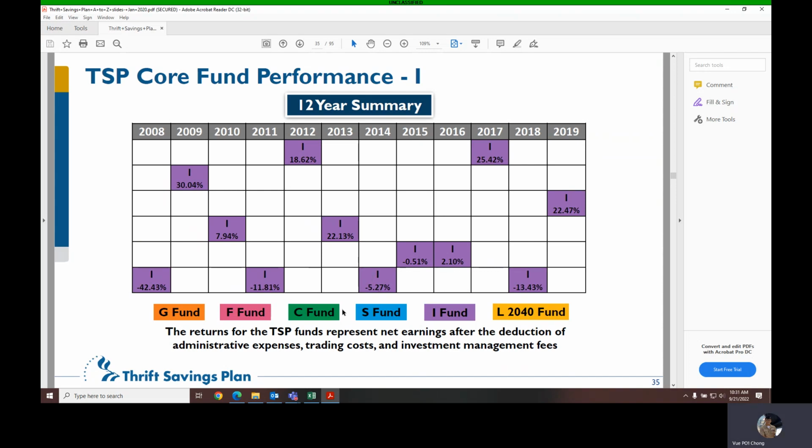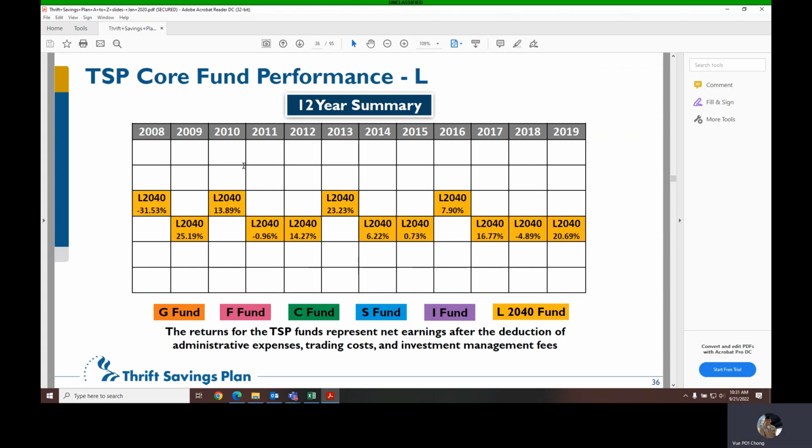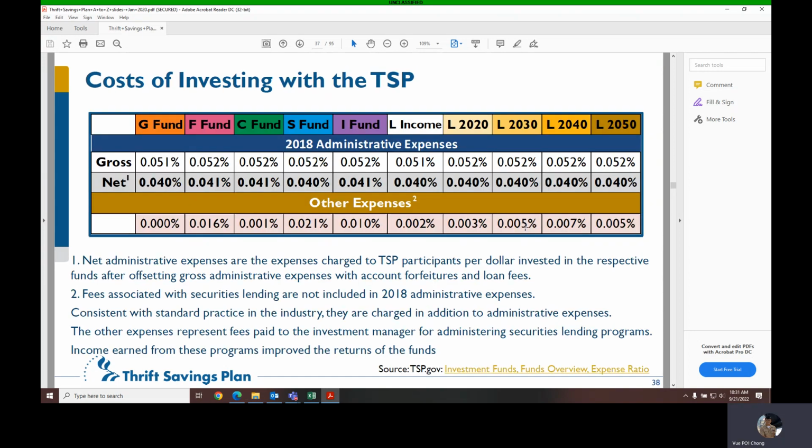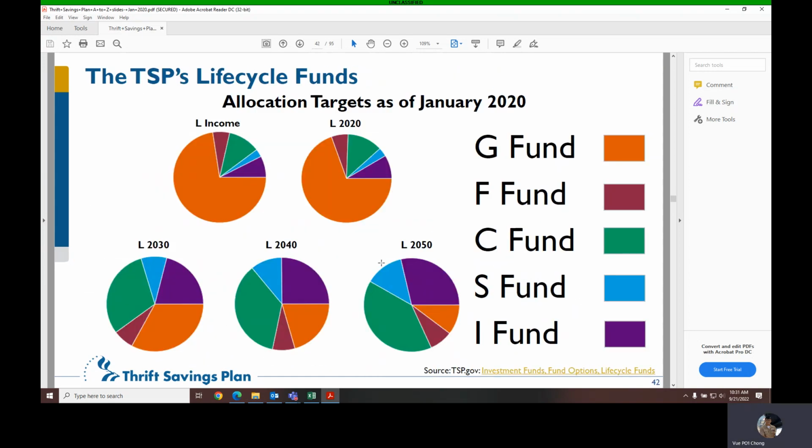CSI are the best performing, and the life cycle is the median between that, because what it does is, depending on the year group that you're going to draw your money from, it's either more conservative or more risky.